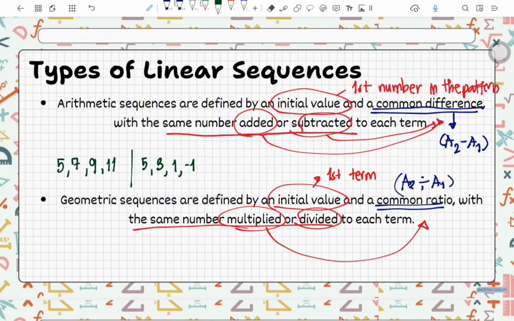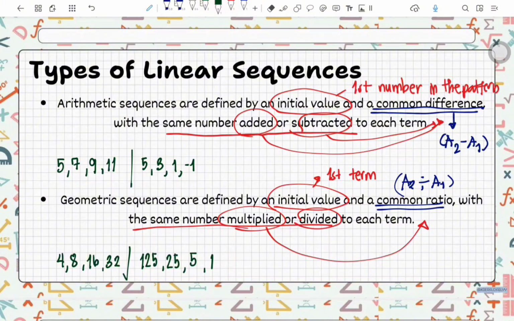For a geometric sequence, let's say we have 4, 8, 16, 32, or we can also have 125, 25, 5, 1. Five divided by 5 equals 1.